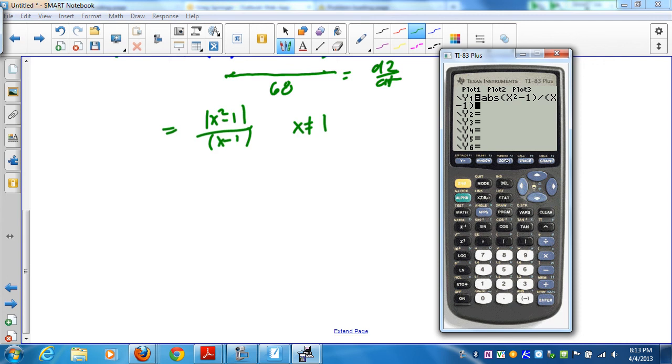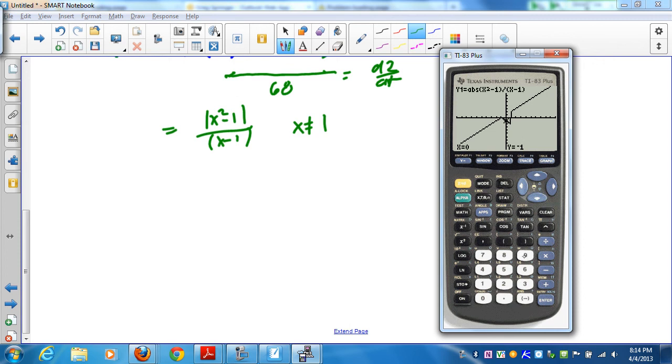And let's zoom 6 just to start. Yep. Wow, that looks crazy, huh? Make sure we put that in there, right? Absolute value of x squared minus 1 divided by x minus 1. Looks good? Okay. So let's take a picture of that.